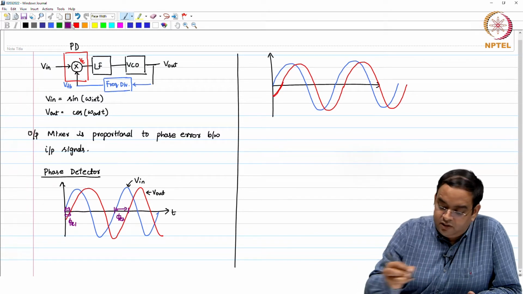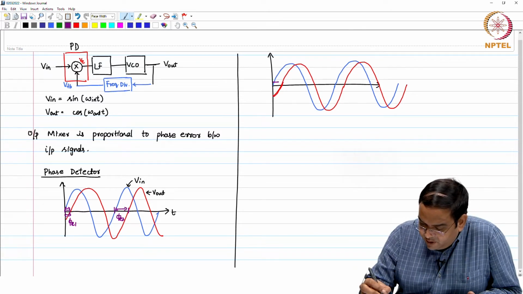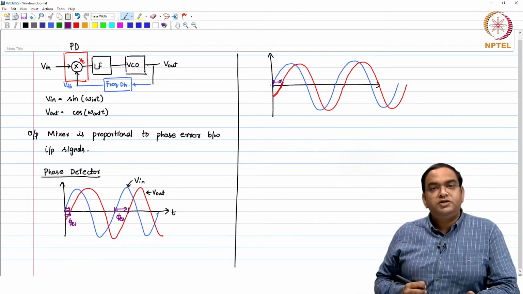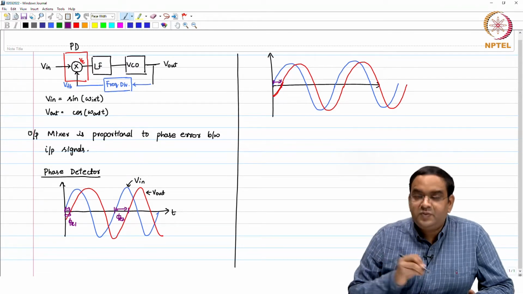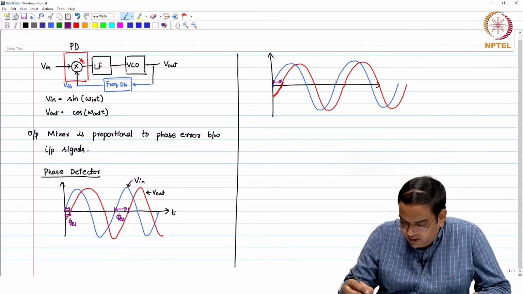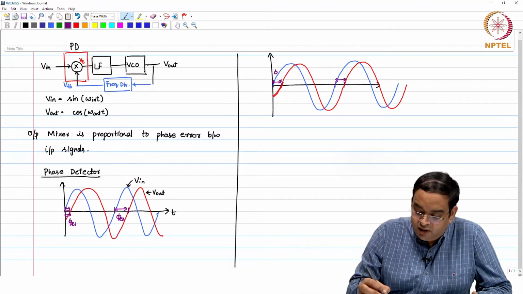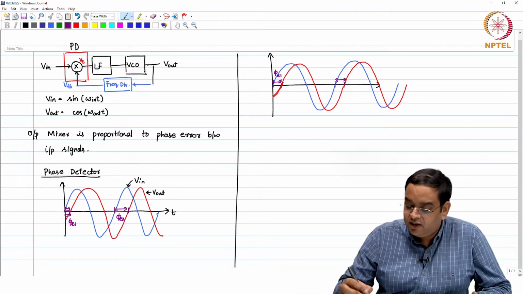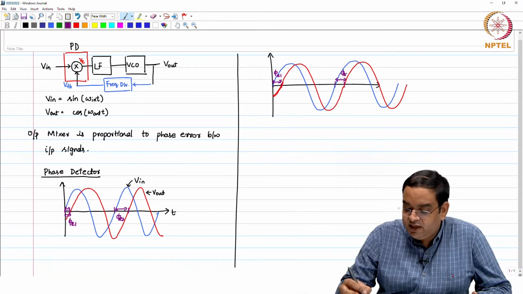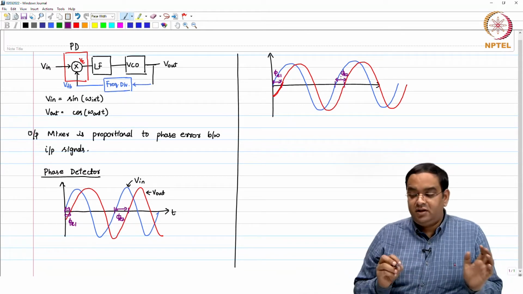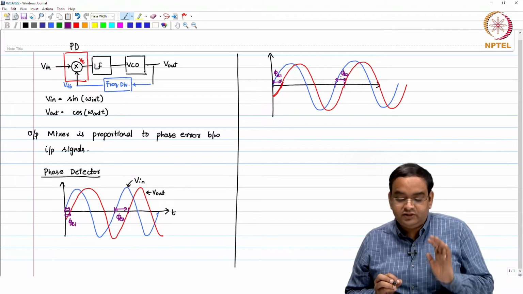The difference between the zero crossings which you see here is constant if the two frequencies are the same. If I call this phi E1 and this one phi E2, this difference is constant.